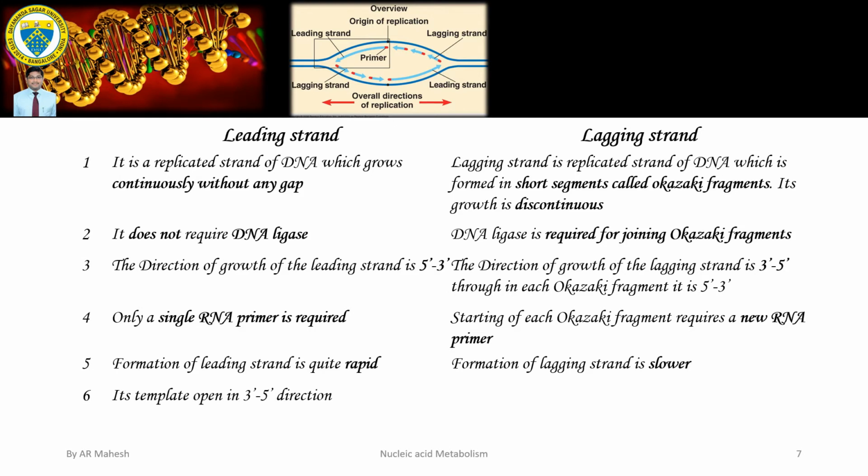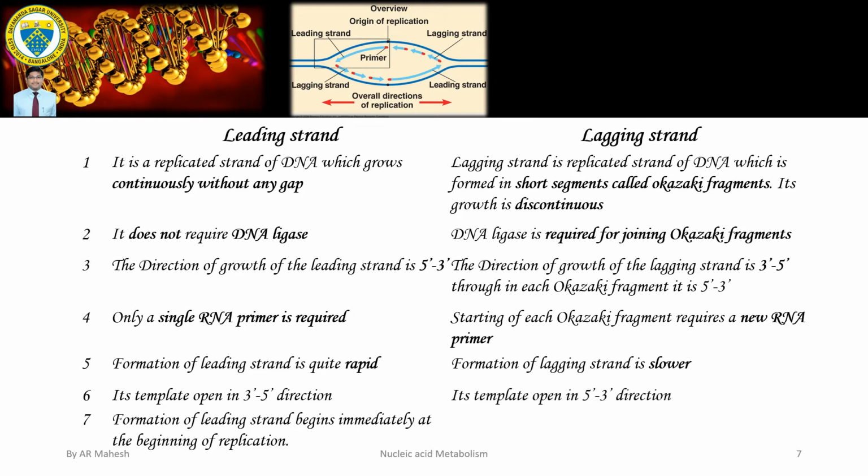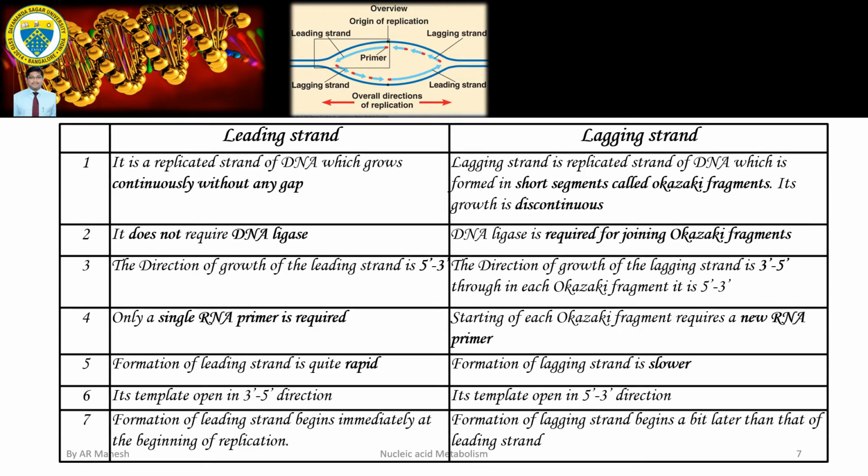The template opens in 3' to 5' direction in the leading strand, and formation of leading strand begins immediately at the beginning of the replication. In the lagging strand, the template opens in 5' to 3' direction, and the formation of lagging strand begins a bit later than that of leading strand.